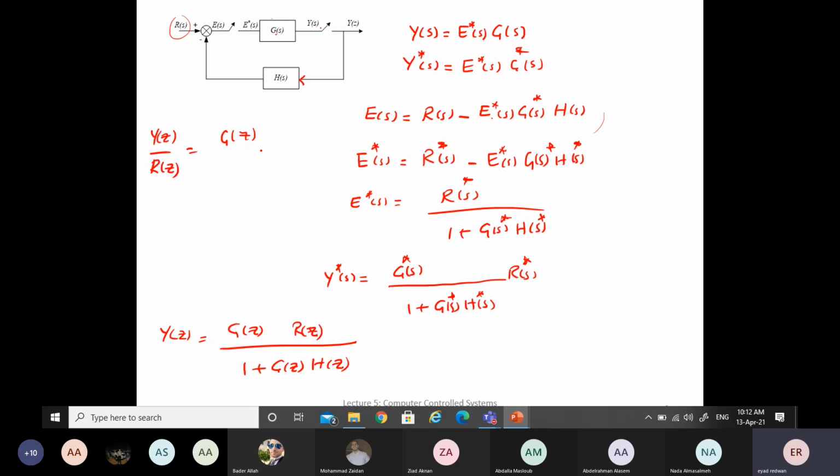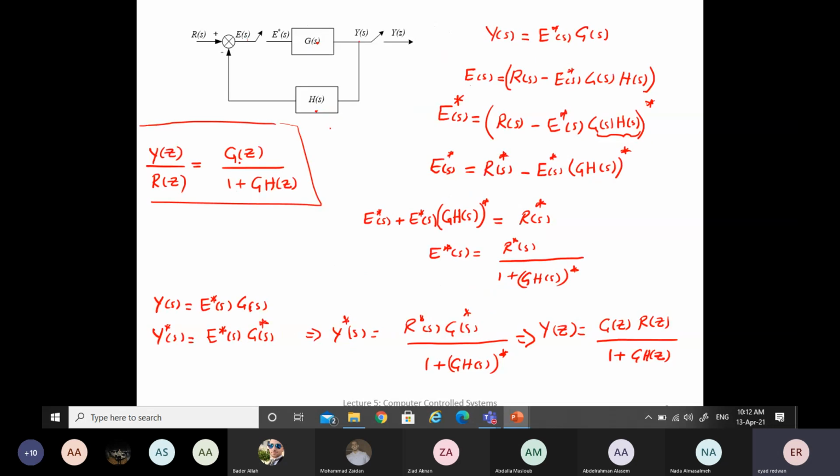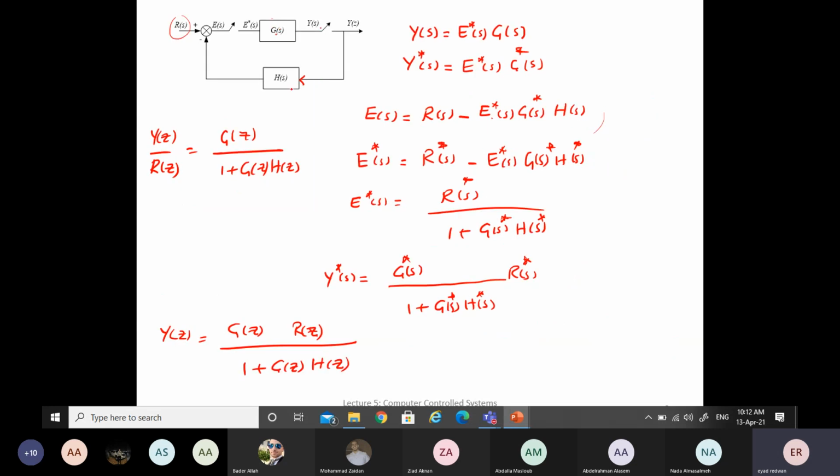It equals G of Z over 1 plus G of Z times H of Z. Compare this with the previous one. It was G and H combined together. Exactly. You combine these two and you find the Z transform here. Here, no, you find the Z transform for this and the Z transform for this separately, and then you put the pulse transfer function in this format.